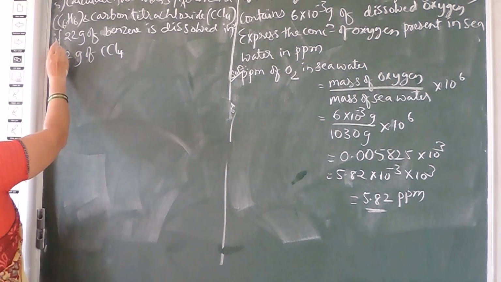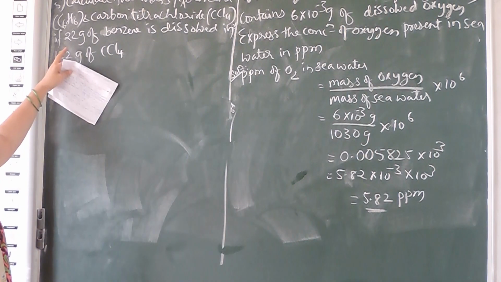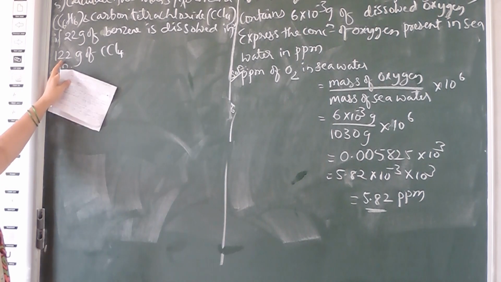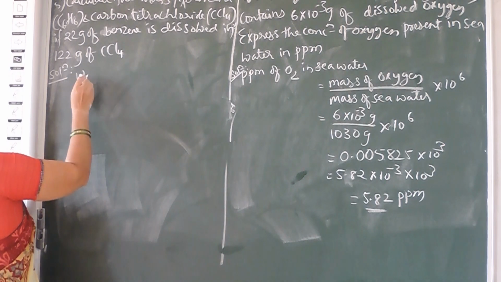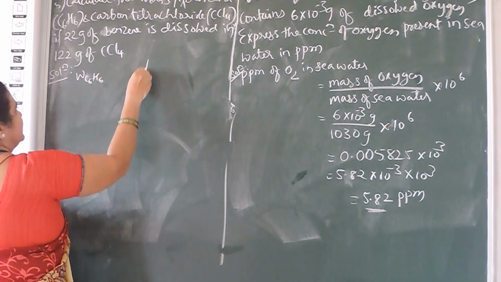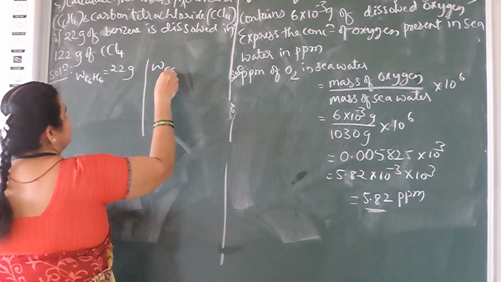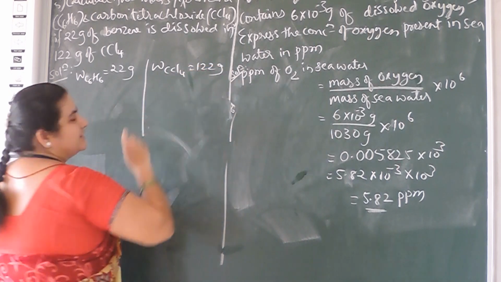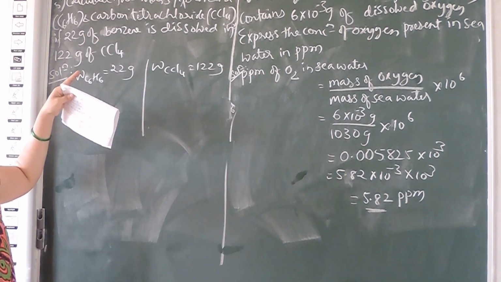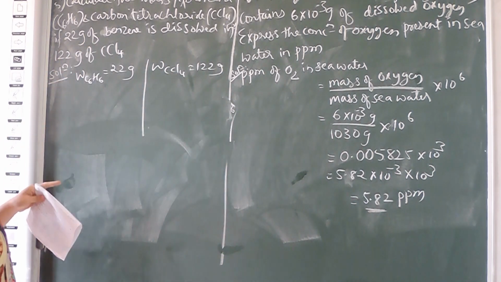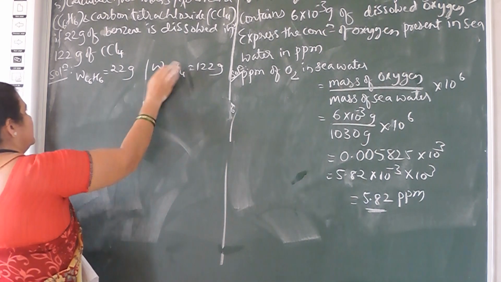Now, so here for the solution, first take 22 grams of benzene dissolved in 122 grams of CCl4. So W of C6H6 is equal to 22 grams and W of CCl4 is equal to 122 grams. Okay. So next, mass percentage, I want the total mass of the solution. Don't take the molar mass because it is not required.